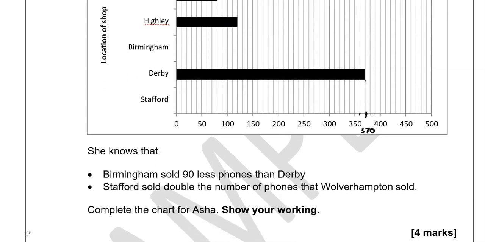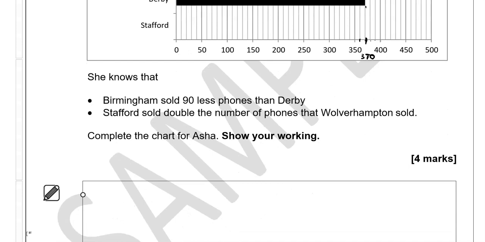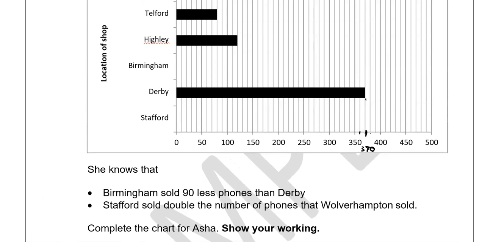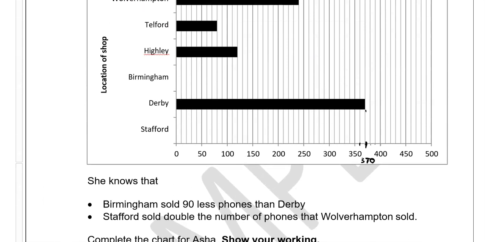If I take away 90 from 370, I get 280. So I'm going to have to show that here, 280. Here is 250, 260, 270, 280. So I'm going to go up and show this here.